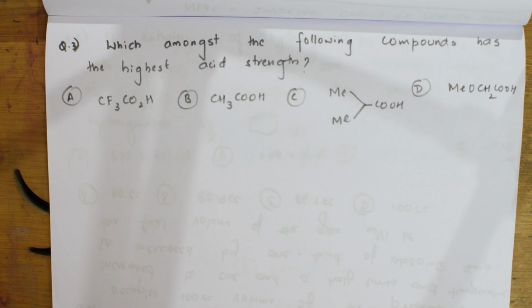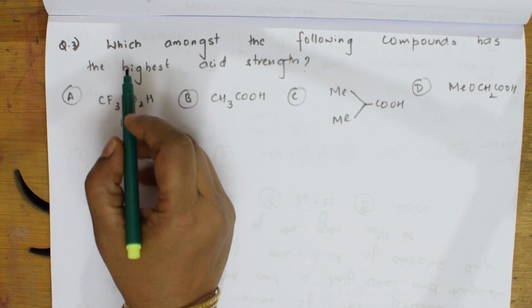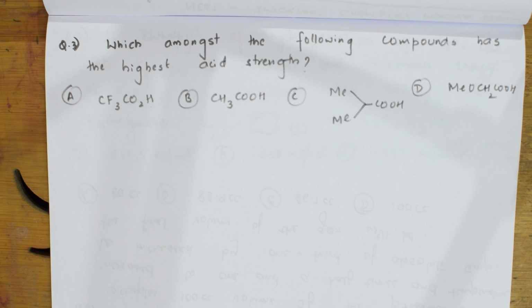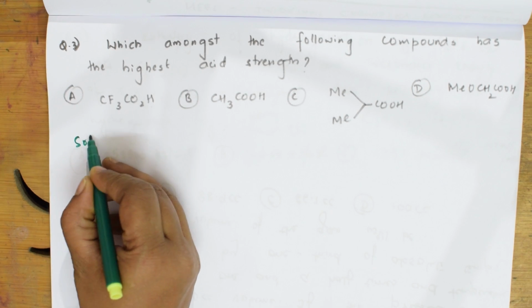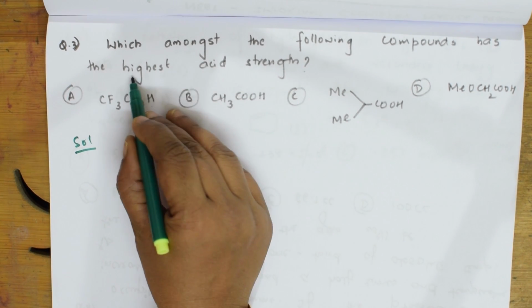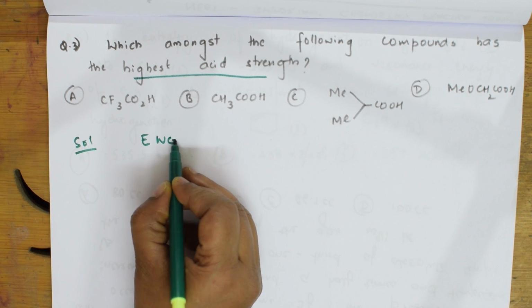Now let's read the third question. Gradually I'll be going into the difficulty level. So let's read this. Now this is an organic question. Which amongst the following compounds has the highest acidic strength? So what is this concept of acidic strength? You have to remember, the first important clue is that whenever a question on highest acidic strength comes, you need to check if there is an electron withdrawing group.